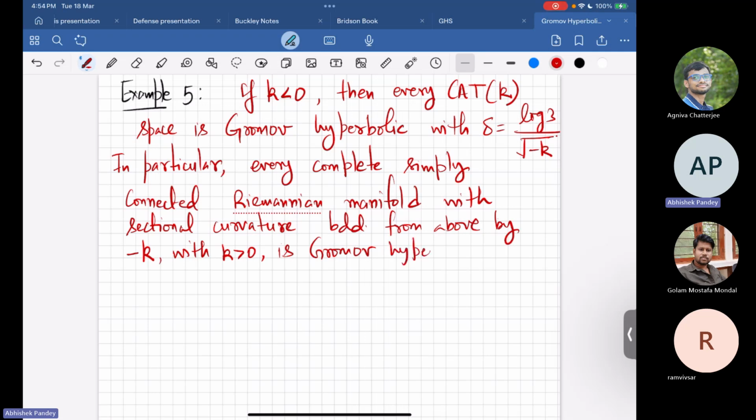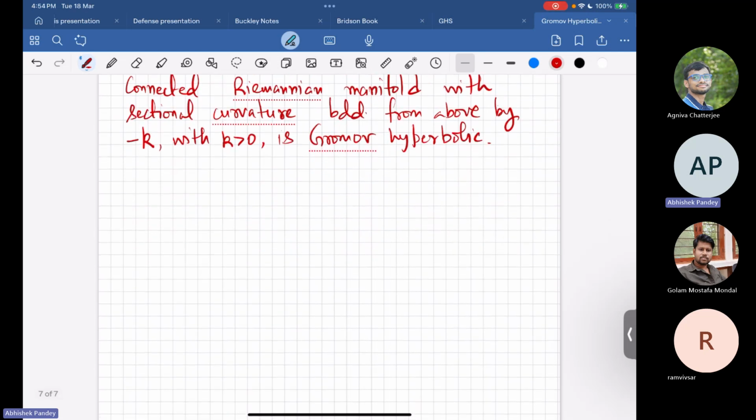Okay, so we have all these examples of Gromov hyperbolic spaces. Fine. I think up to this everything is clear.